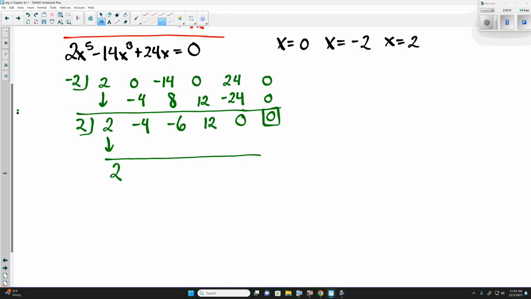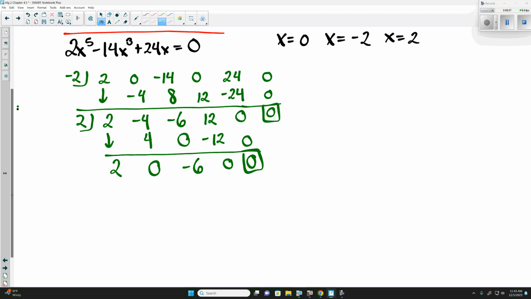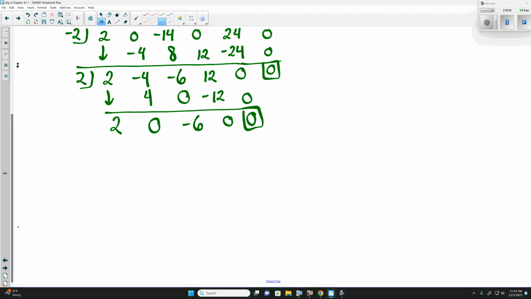And we repeat the process. 2 times 2 is 4. -4 plus 4 is 0. 2 times 0 is 0, -6 plus 0 is -6. 2 times -6 is -12. 12 plus -12 is 0. 2 times 0 is 0. And 0 plus 0 is 0. So again, we found out the remainder of 0, which is what we expected because we know it is the solution.